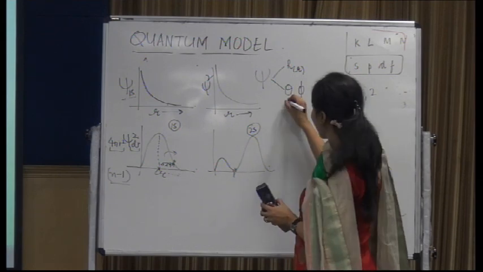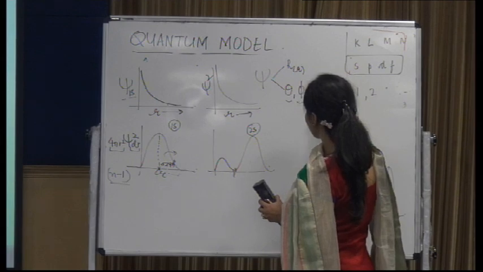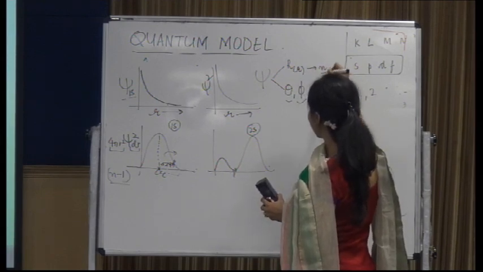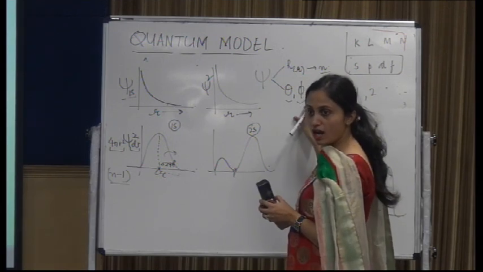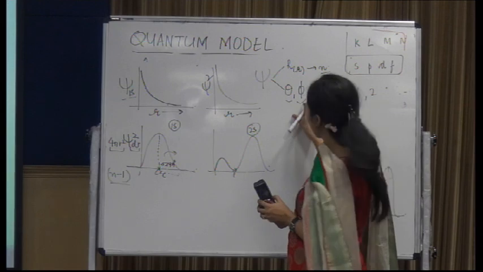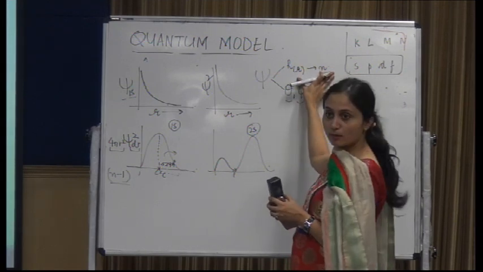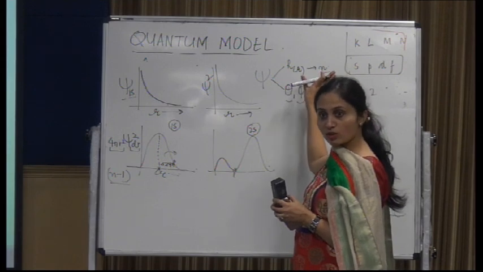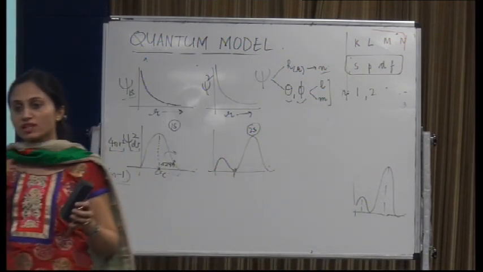So when you solve for these, you get information about L and M. When you solve for r, you get information about n. So whatever nodes are generated from these two are known as the angular nodes, and whatever nodes are generated from n, because this is only the radial part, those are known as the radial nodes. That is why the total number of nodes is n minus 1.